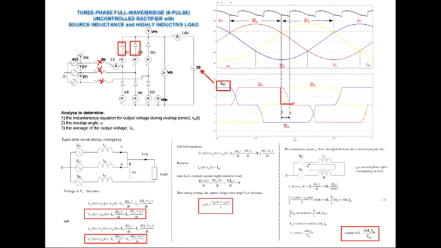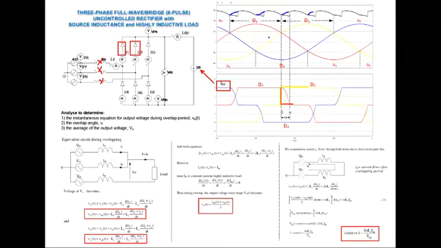And also, if you consider the yellow phase current, it will jump from 0 to IDC instantaneously without the source inductance. And we have a nice 6-pass output voltage for a 6-pass rectifier, isn't it?